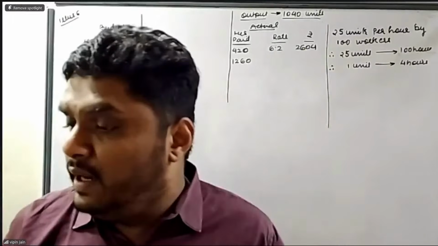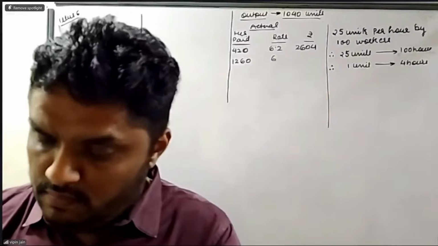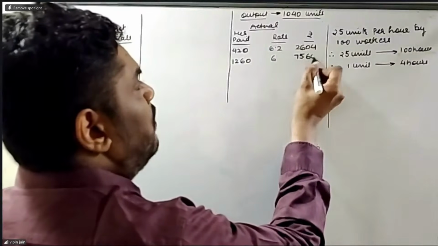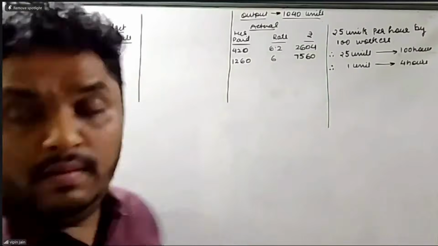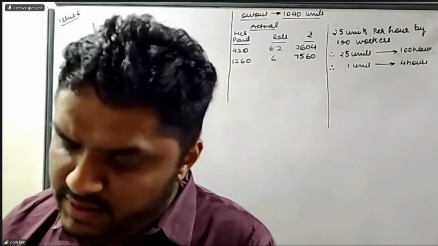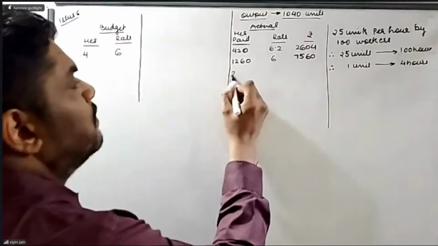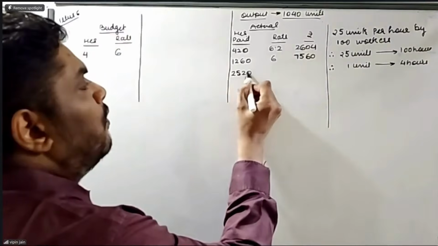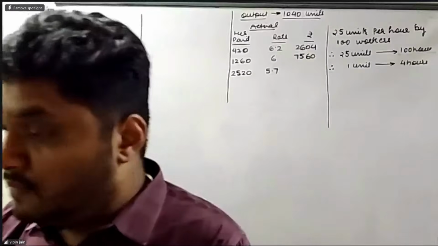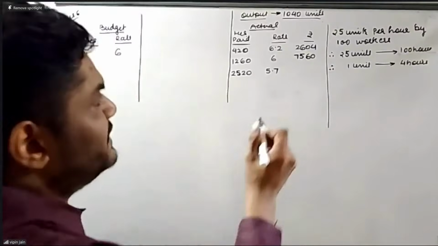We paid them at the rate of rupees 6 per hour. So the amount paid is 7560. Next is for 60 workers, 60 into 42, that is 2520 hours. We paid at the rate 5.7. That is 14,364.